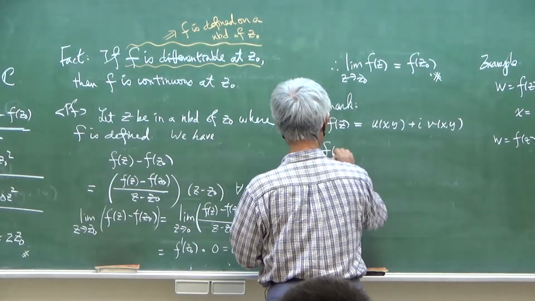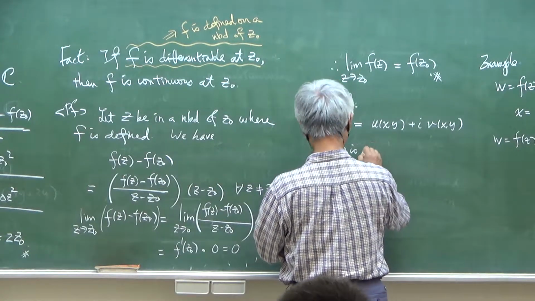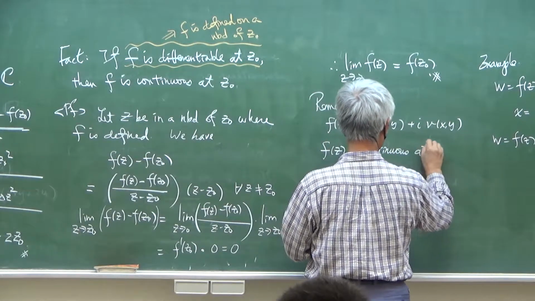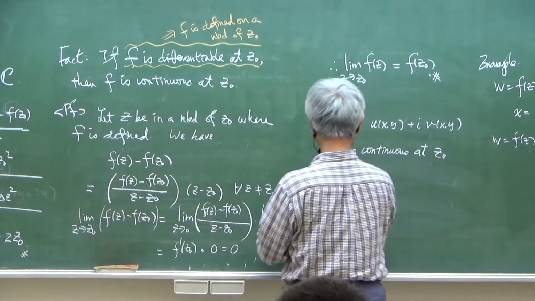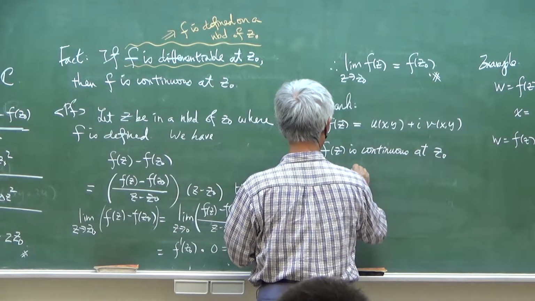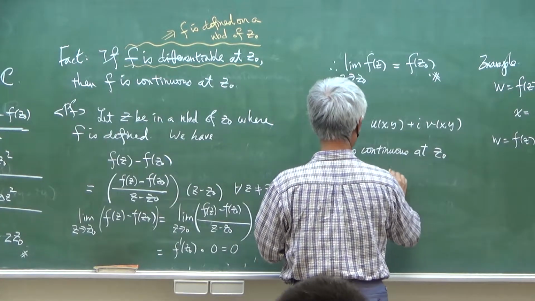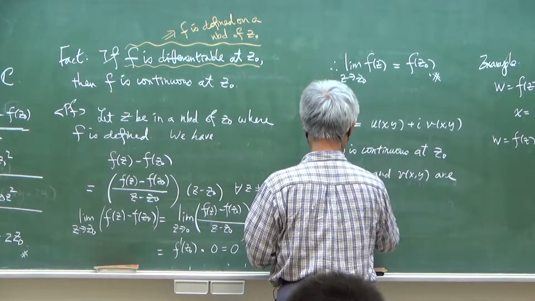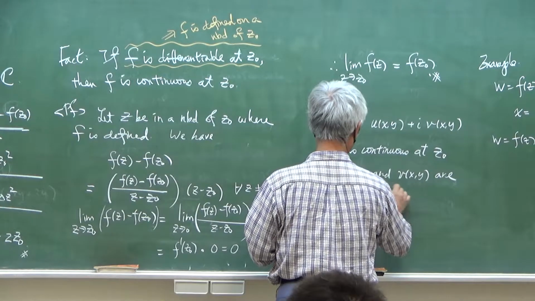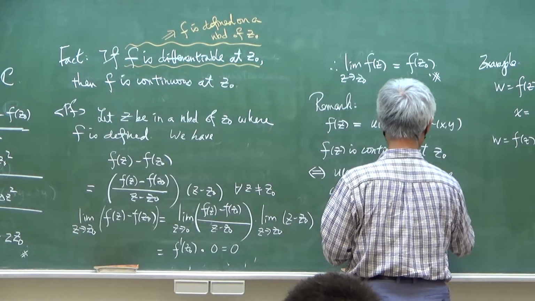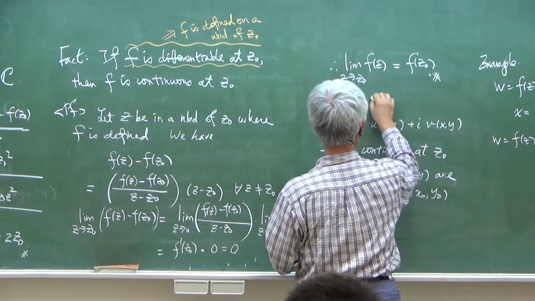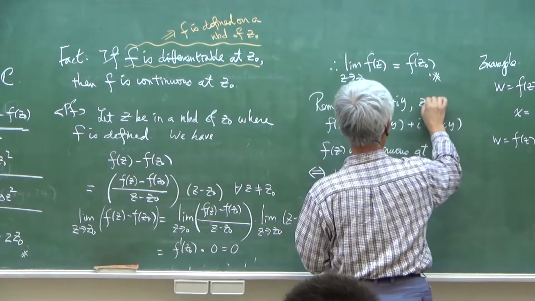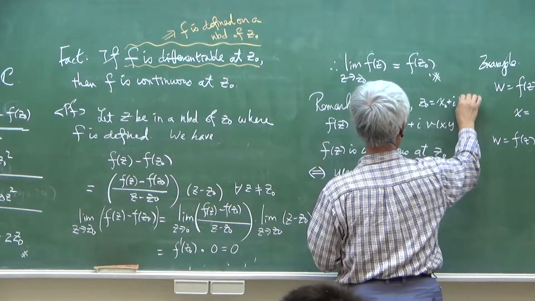And we can say f(z) is continuous at z0 if and only if u(x,y) and v(x,y) are continuous at (x0,y0).